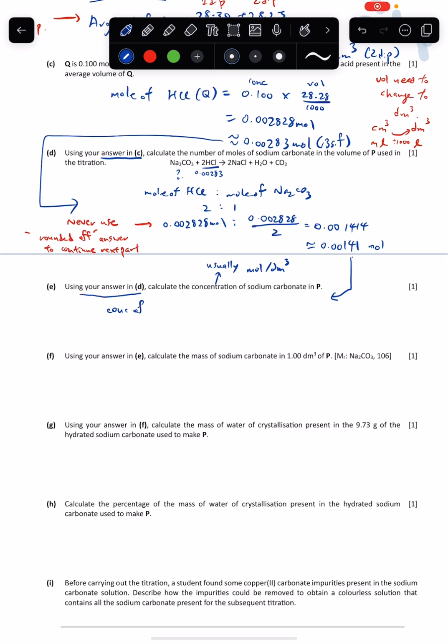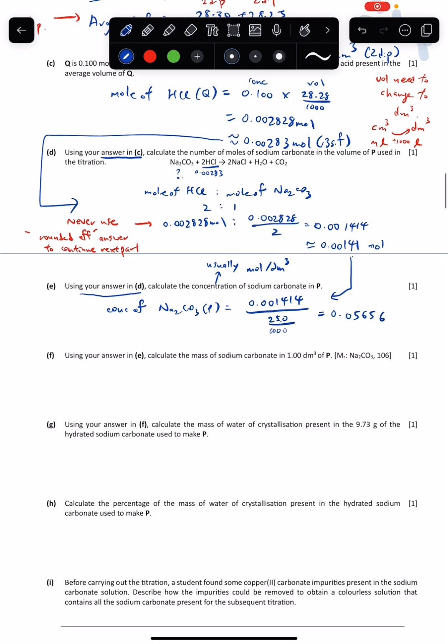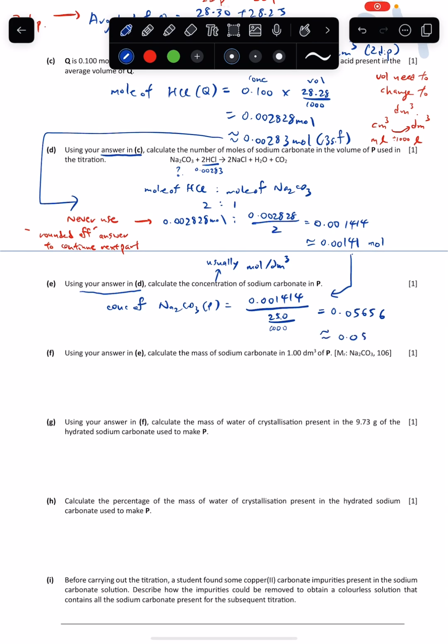So concentration of Na2CO3 is mole, use the real value, not the rounded off value, divided by 25.0 over 1000. That gives 0.5656. Is that the answer? No. 0.0566 mole per dm cube, units, 3SF. Yay!